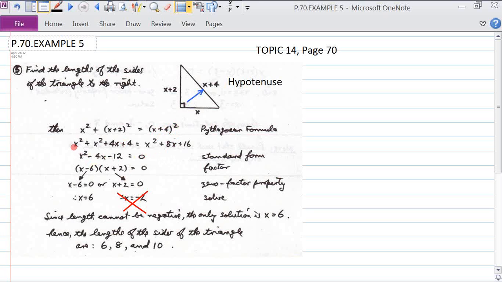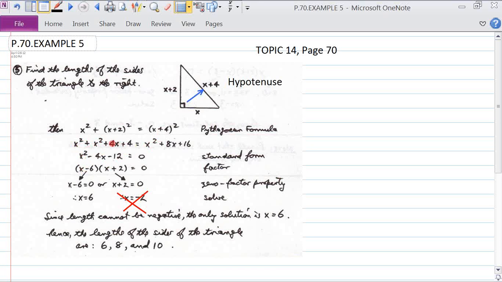Now, if we do this, we've got x squared plus x squared is 2x squared, and I bring this and transpose it. 2x squared minus x squared gives me x squared. So if you like, this x squared could cancel with that x squared, and then I'm just left with an x squared.